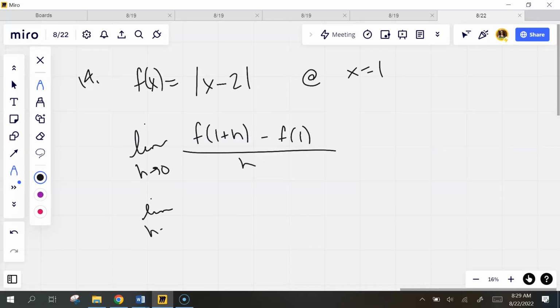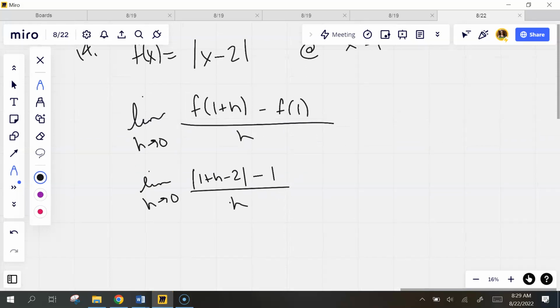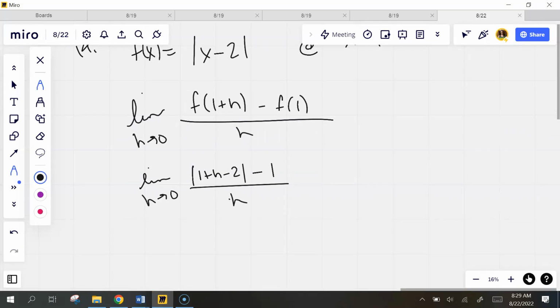So that's the limit as h goes to 0. 1 plus h minus 2 minus, if I plug 1 in, I get 1. Is that right? This is negative 1 plus h minus 1 over h.